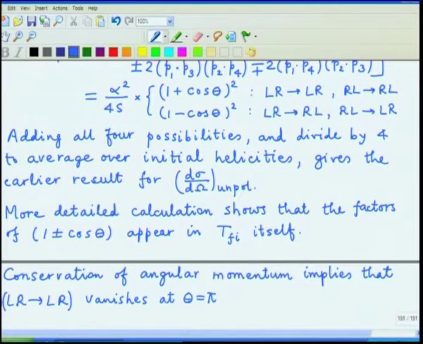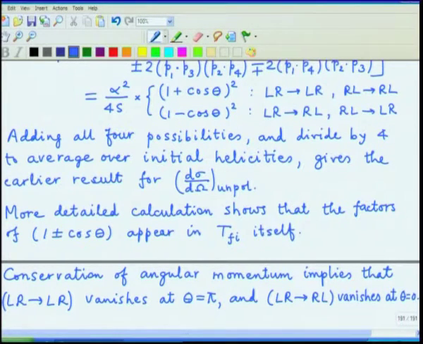For other angles, there will be something in between, and similarly in the flipped case, the LR to RL amplitude vanishes at theta equal to 0.